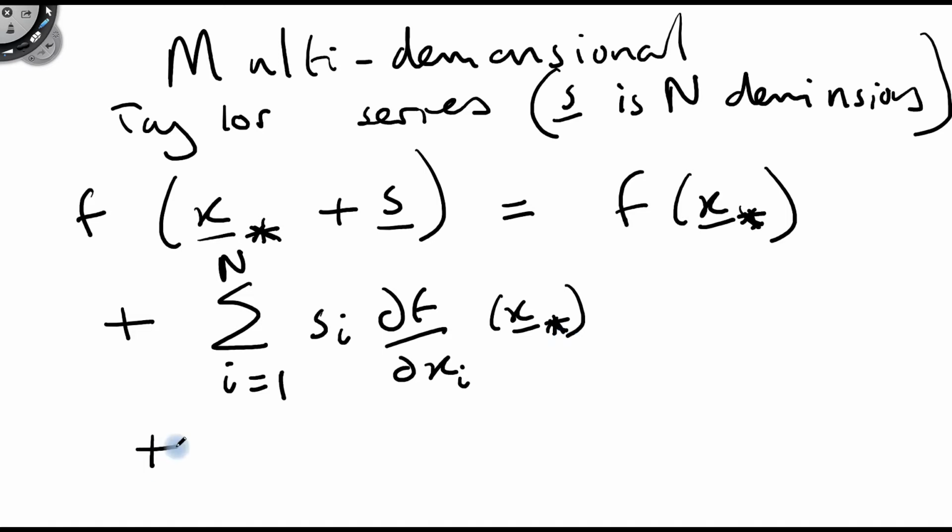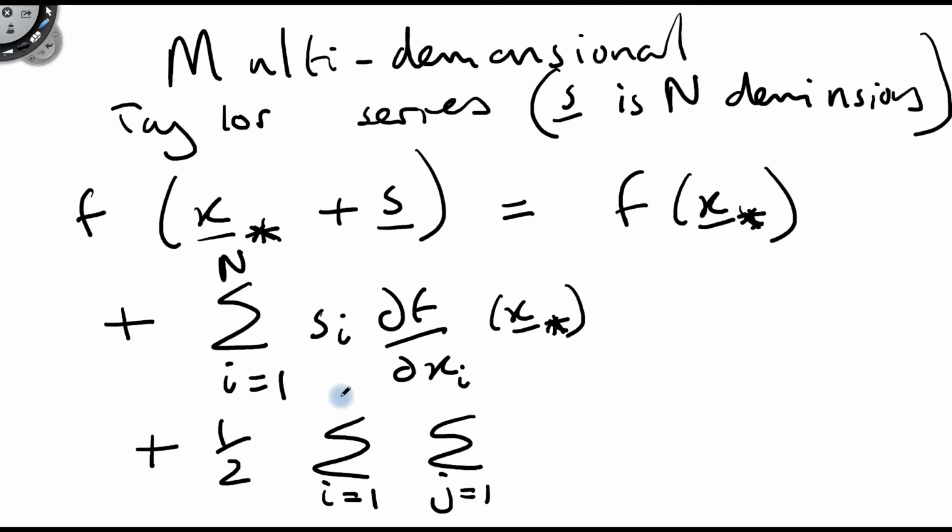And then we have the second derivative bit, a little bit more complicated because it's two summations. So i equals 1 to n, j equals 1 to n, s_i s_j. So these are, again, components of s.